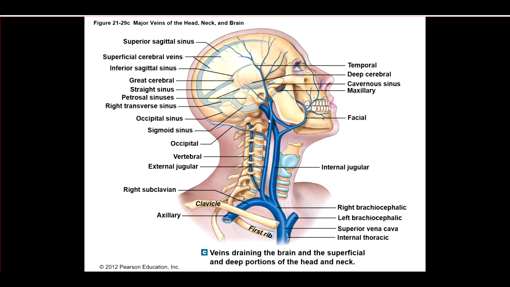This is going to receive from kind of superficial veins. Here's the temporal vein right over here. Here's the occipital vein right over here. This is the posterior auricular vein, okay, the maxillary vein. They are all going into the external jugular vein.